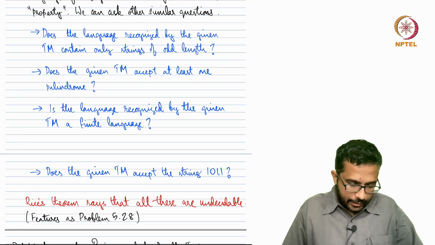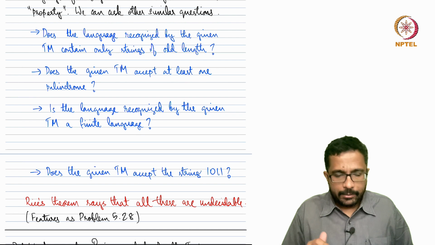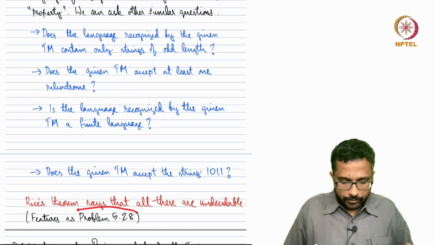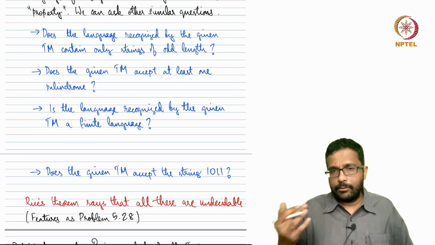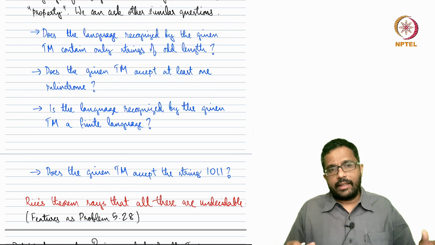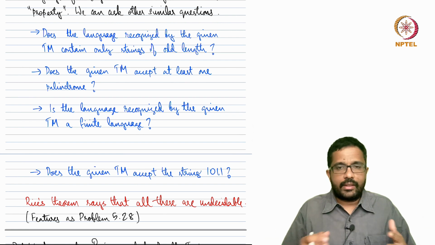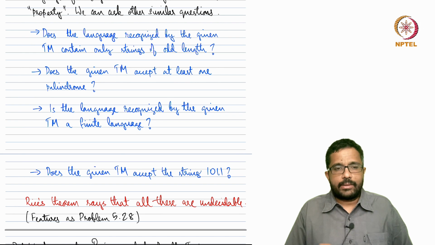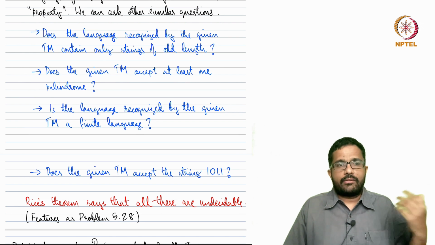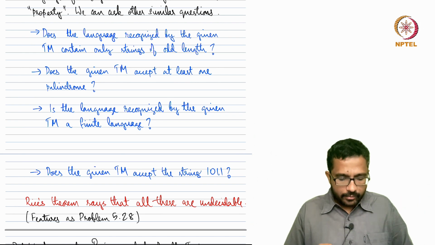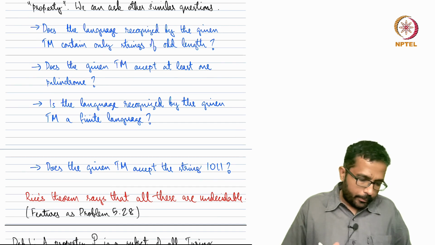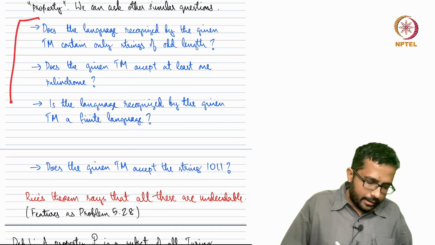This is actually not covered in the textbook per se, but it appears as a problem. I think the solution is there in the book itself, but it's not given in as much detail as any regular content of the text, because it just gives a solution, not much explanation. So Rice's theorem states that all these are undecidable.